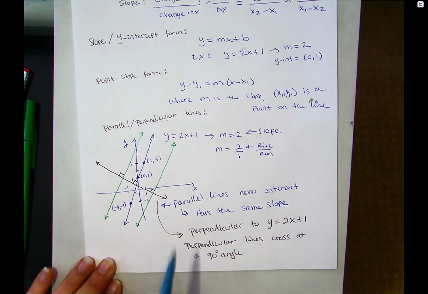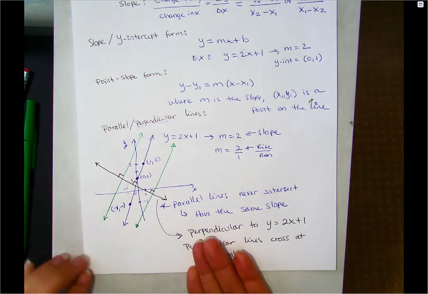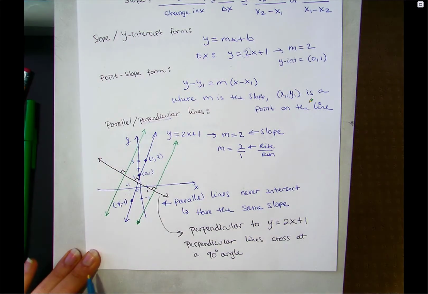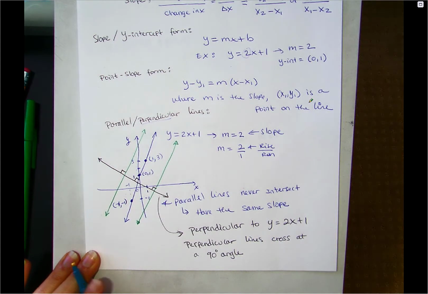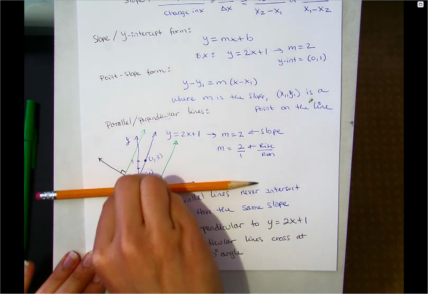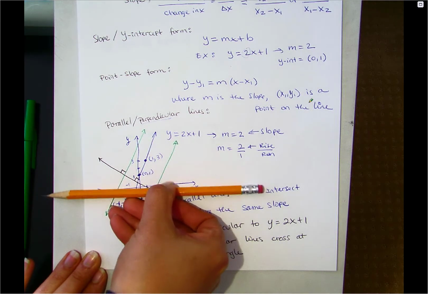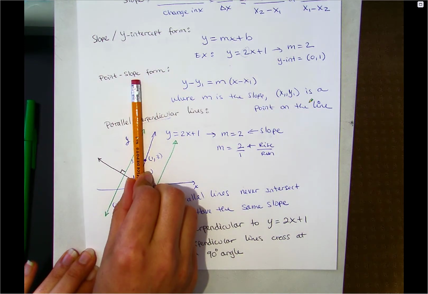What happens if you rotate the x-axis 90 degrees? The x-axis becomes the y-axis, right? And what happens if you rotate the y-axis 90 degrees? It becomes the x-axis. So essentially, as you rotate something 90 degrees, the x and the y-axis swap places.